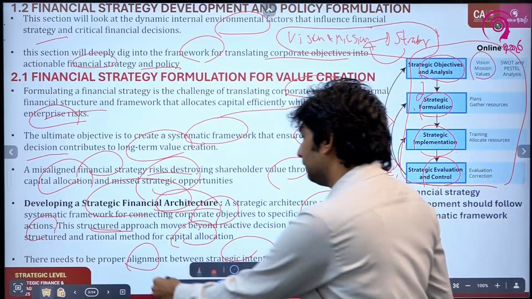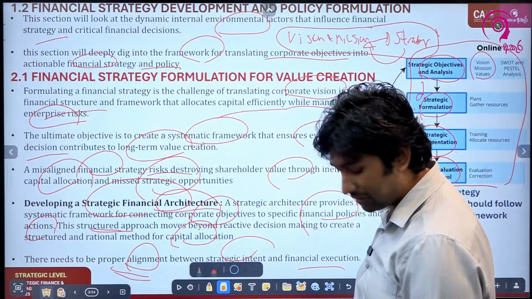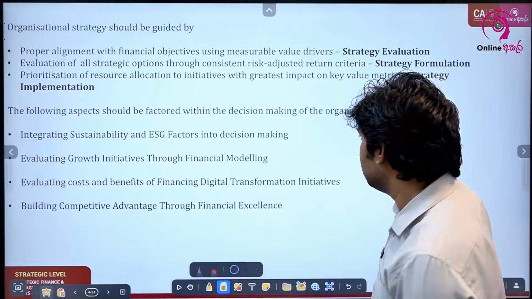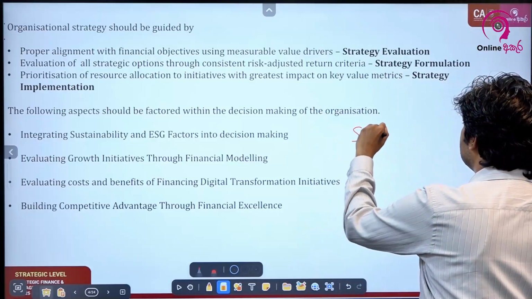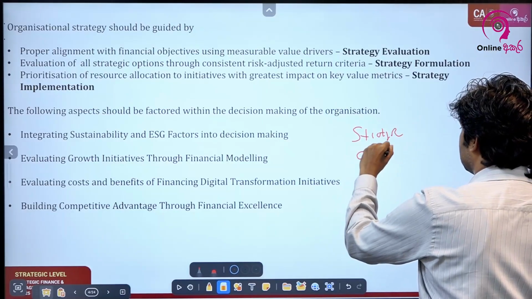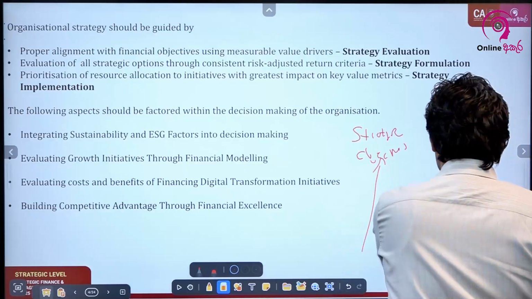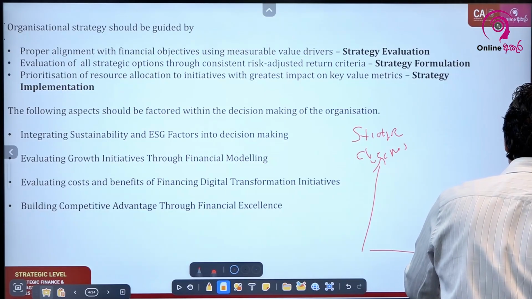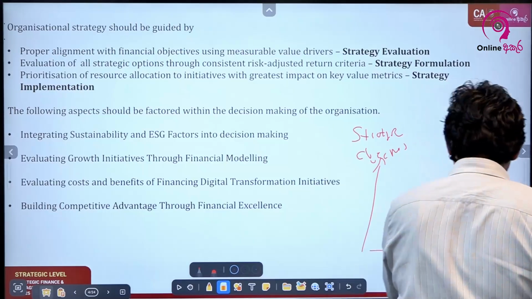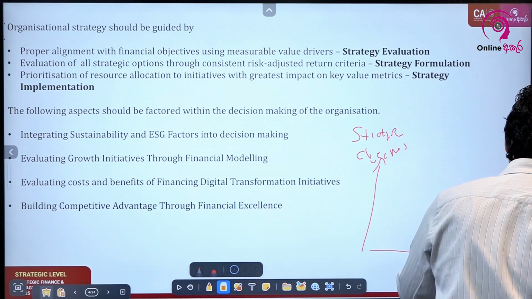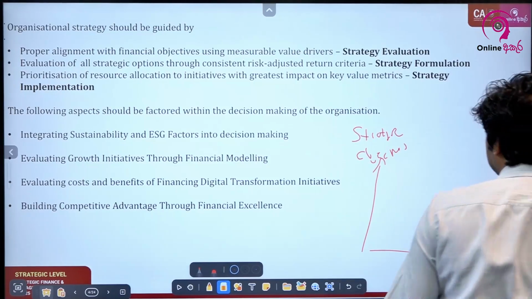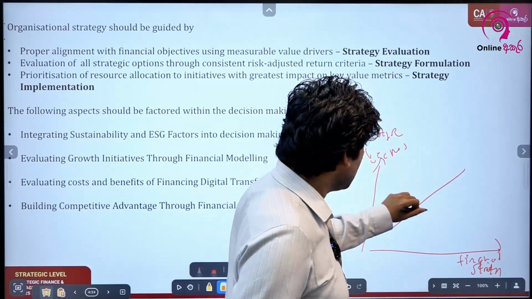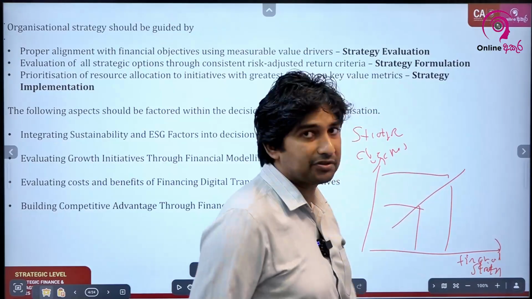Creating a proper alignment between them is where strategic financial architecture helps. If I am to map your strategic objectives and your financial strategy, there needs to be a positive relationship.